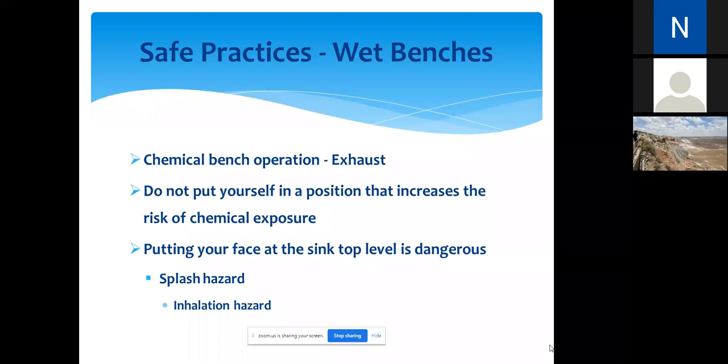You will have 2 in each area. Sometimes having 2 workbenches in the area doesn't mean that those 2 fume hoods are the same. So you need to make sure, before you mix your chemicals, which hood is which.